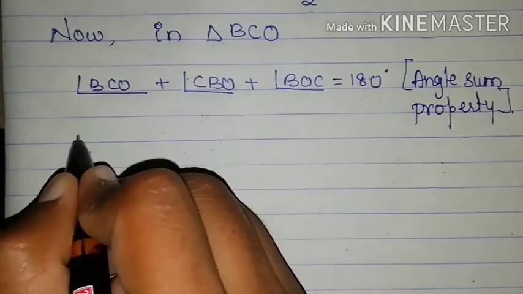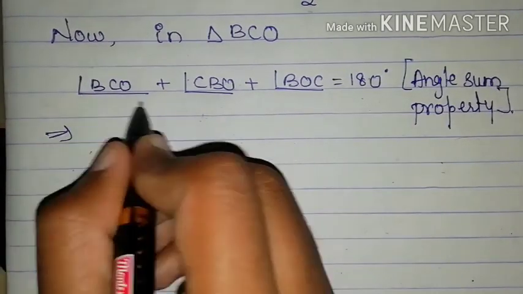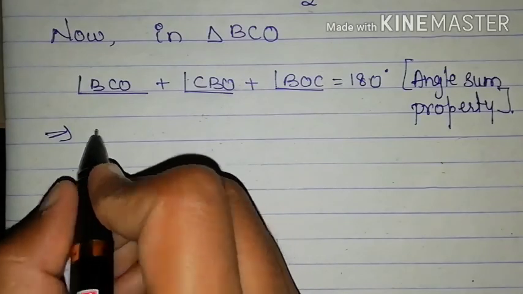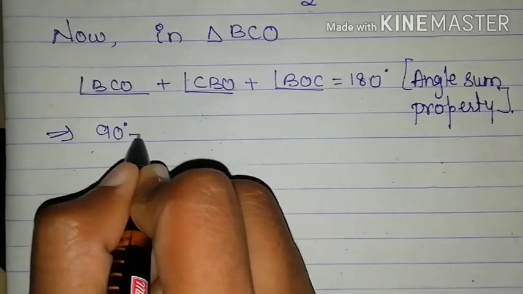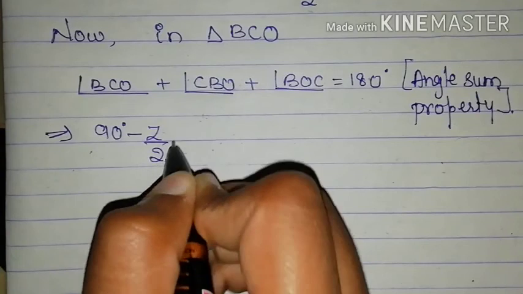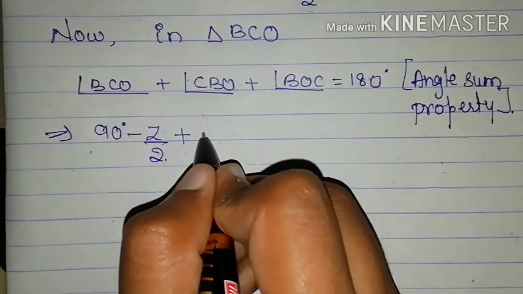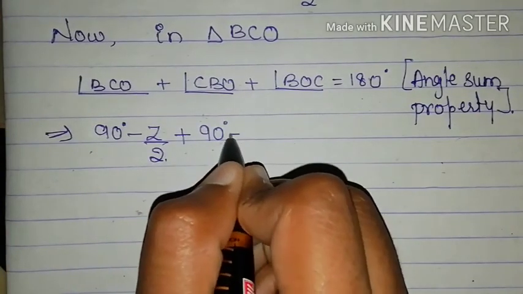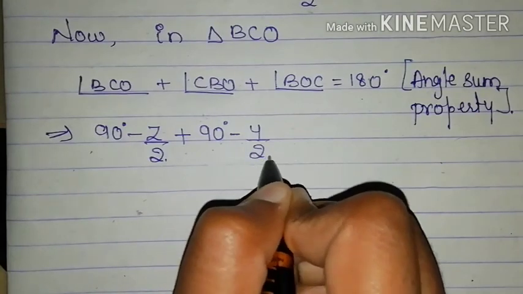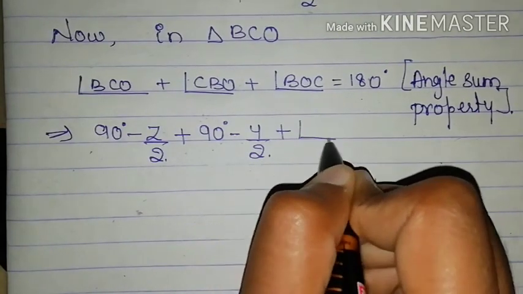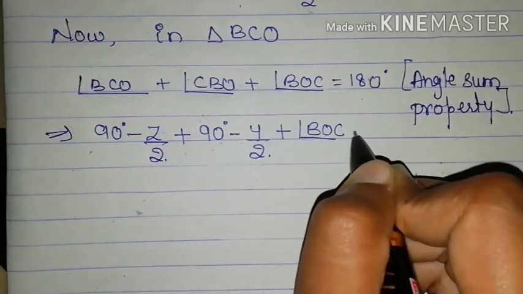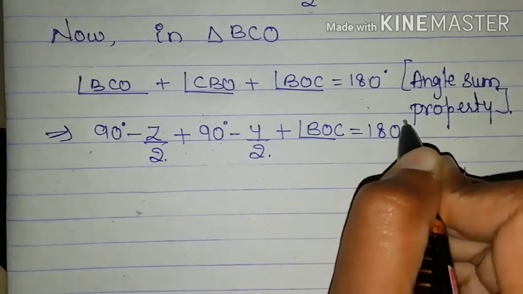From 1 and 2, angle BCO is 90 degrees minus Z by 2 and angle CBO is 90 degrees minus Y by 2, plus angle BOC equals 180 degrees.